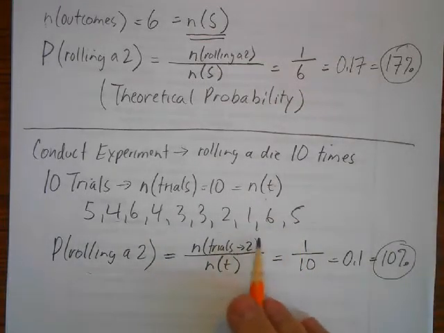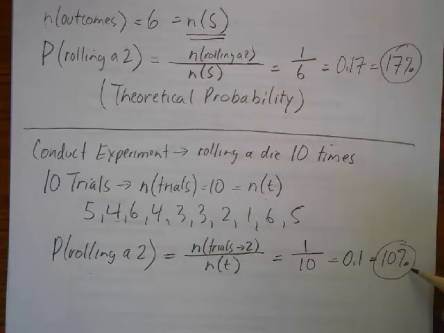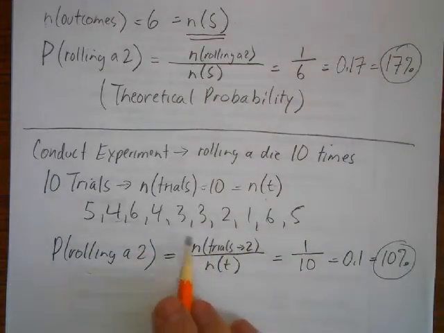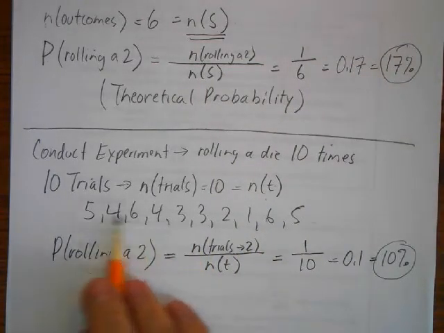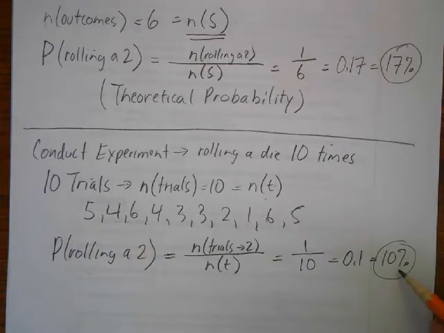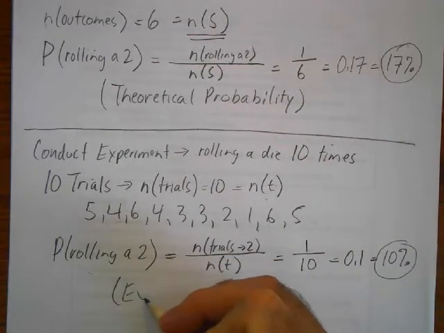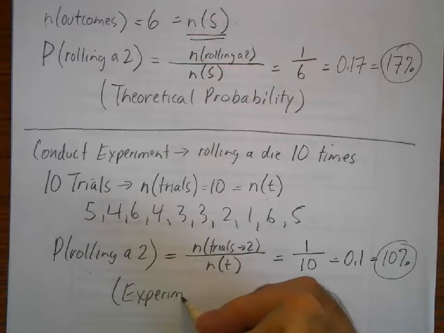And if I did it 1,000 times, I'm going to get closer and closer to the actual theoretical probability. Okay, obviously the lower the number here, like if I only rolled it once and I didn't get a 2, well, I would have got a 0%, but that's not a good experiment because it wasn't an adequate number of trials. Okay, so this is known as experimental probability.